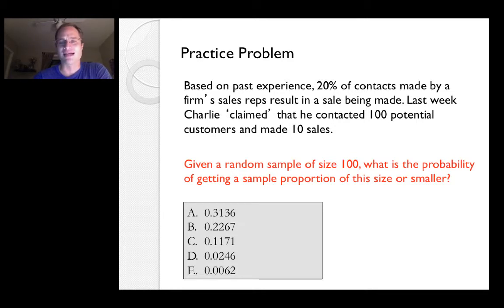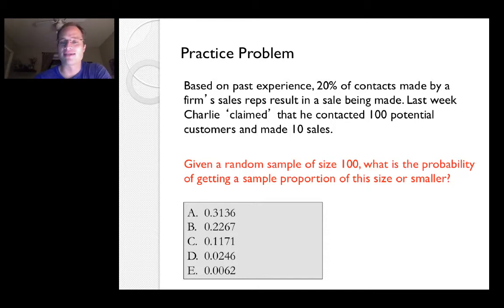Now, last week, Charlie, potentially a slacker, claimed that he contacted 100 potential customers and only made 10 sales. So 10 of those 100 turned into a sale.